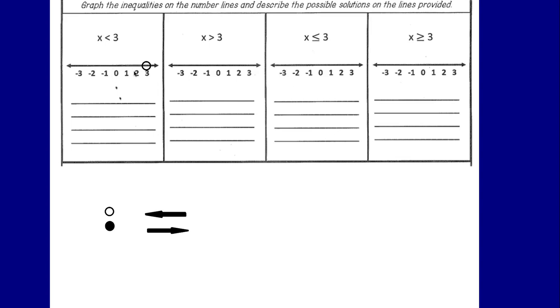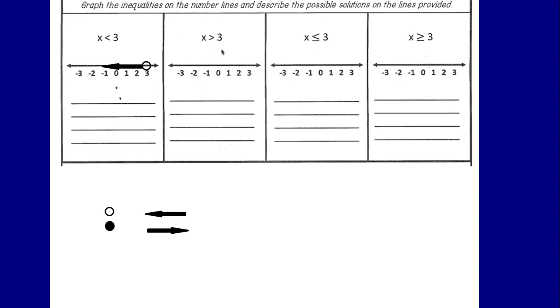Since x is less than 3, all of the possible solutions will be to the left of 3, so we're going to draw our line to the left of 3. And go ahead and write down some possible solutions that x could be. x could be 2.5. x could be -1, it could be -3, it could be -5, as long as it is less than 3.